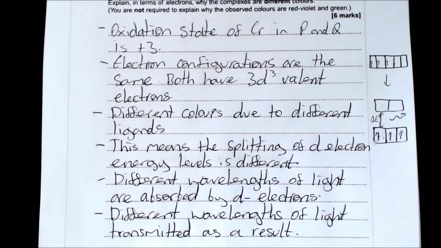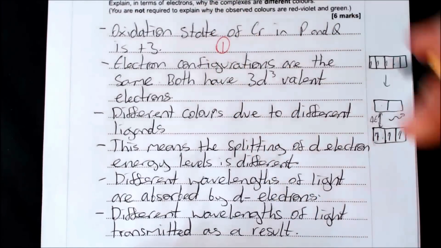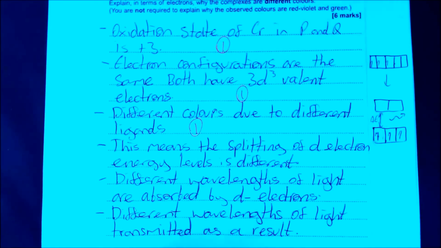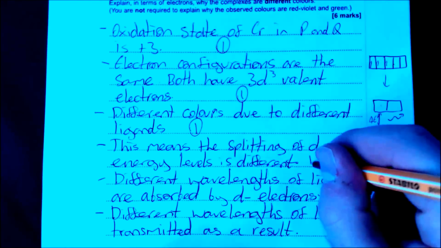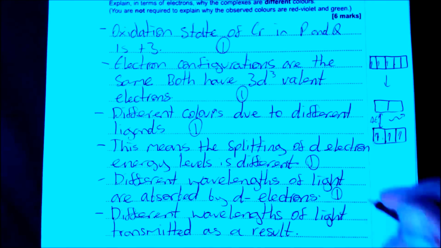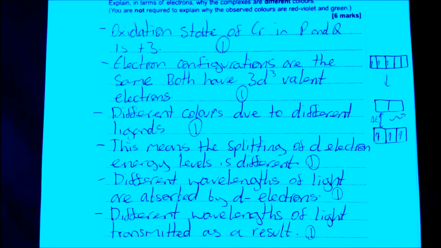So quite a big question, a lot of marks. Let's just quickly go through the marks here. So we've got 1 mark for this, 1 mark for that, 1 mark for saying that we've got different colours due to different ligands, 1 for saying that we have the splitting of the d orbitals, and that will be different depending on the ligands. We get light that's been absorbed from just the surroundings, and then a frequency or wavelength of light is transmitted as a result.